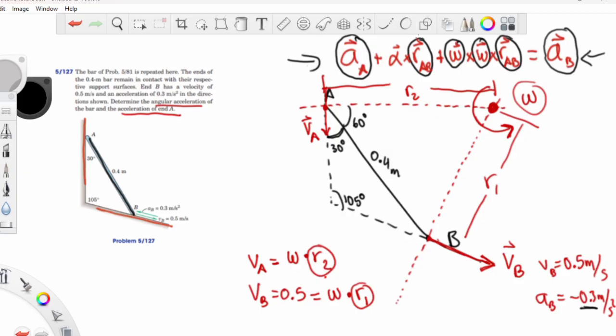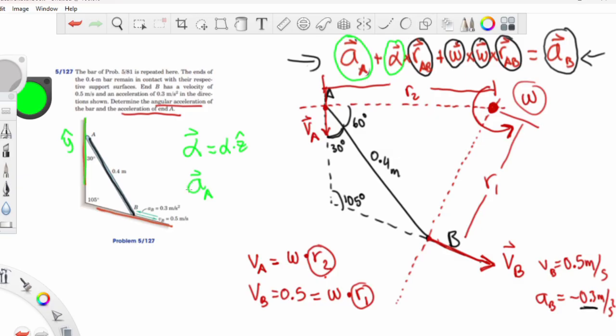So our unknowns for this problem are highlighted in green. This is one unknown and this is another unknown. Both are vector quantities, but if you see, alpha is a vector quantity only in the z-axis, so it's alpha scalar in the z-axis. And then the acceleration of point A, since it moves along the wall, it can only go on the y-axis.